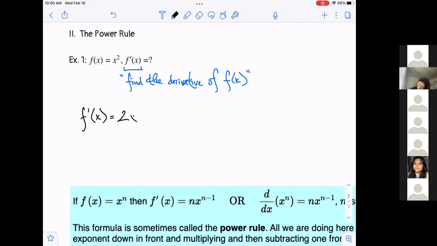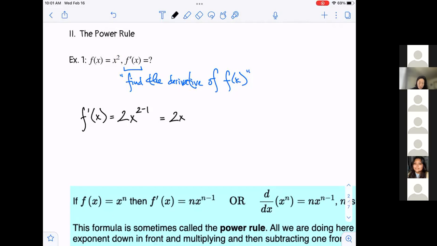We keep the variable. And then in the power, we lose 1. Okay. If I simplify this, I get 2x. And that means that my derivative of x squared is 2x.